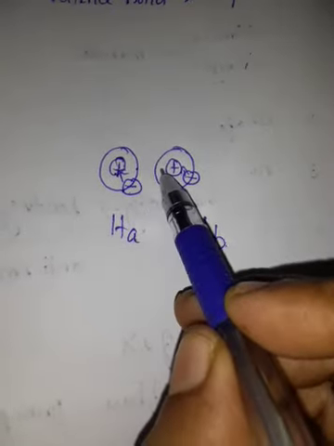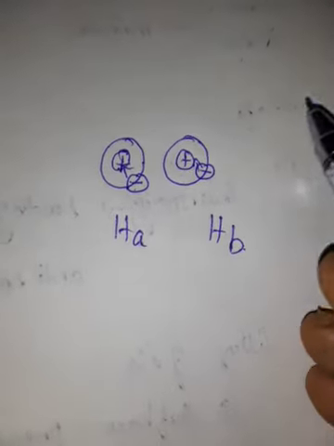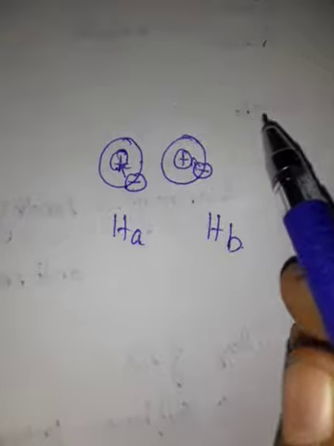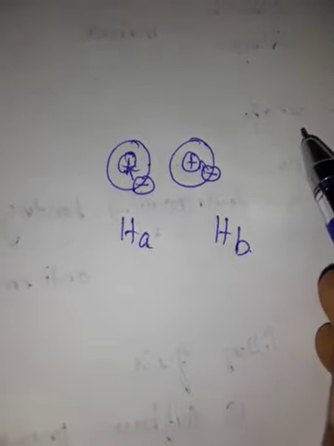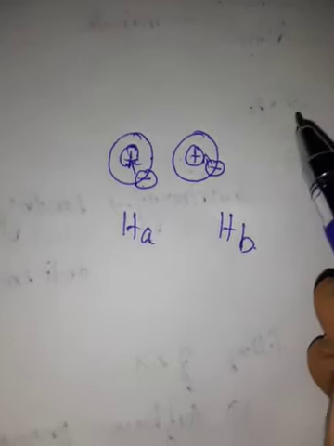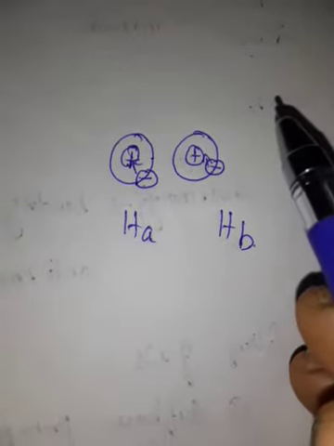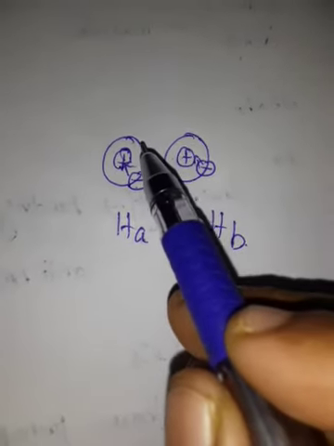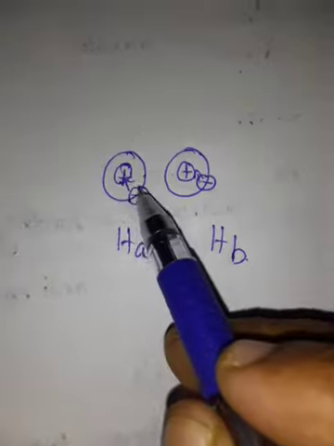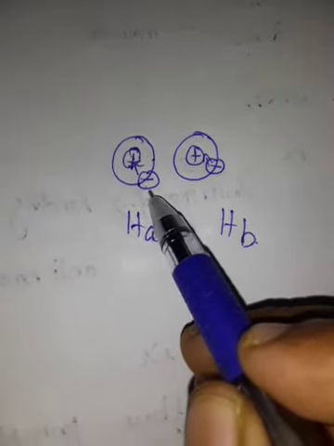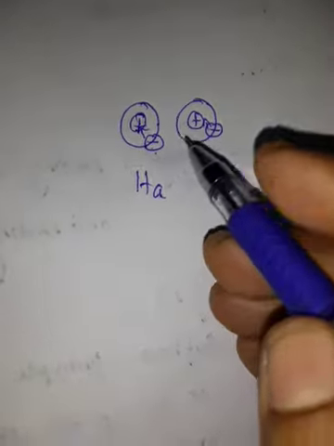When these two are far apart, at infinite distance, there is no interaction between these two atoms and the potential energy is zero. When these atoms approach each other, attractive force between the nucleus and the electrons happens. In addition to that, there are new attractive forces.